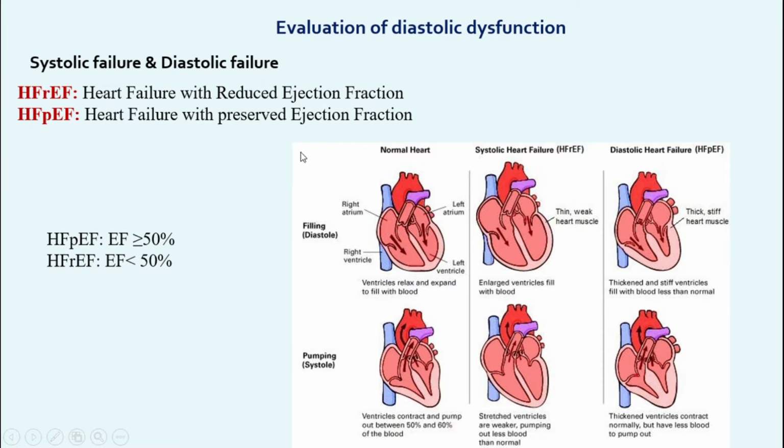The cutoff for this classification for EF, or ejection fraction, is 50%. As a general rule, but not always, in systolic failure, left ventricular volume and size usually increase and become dilated. In diastolic dysfunction, left ventricular volume is usually normal or even less than normal.